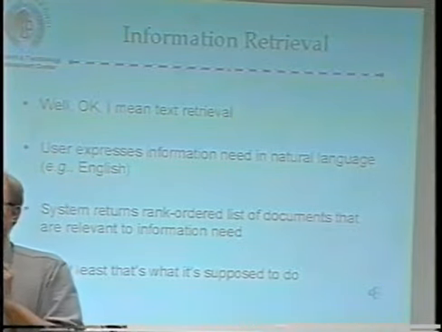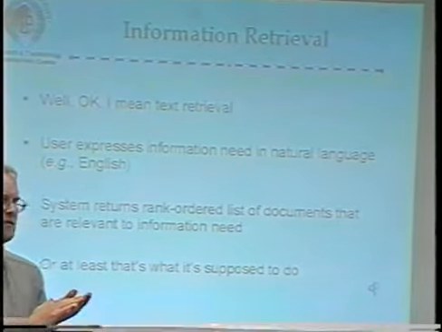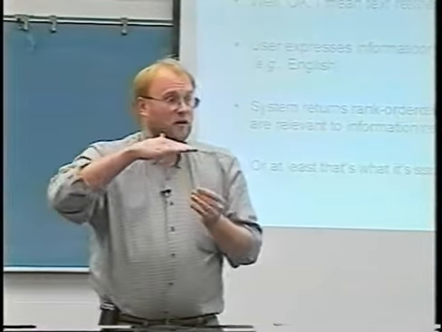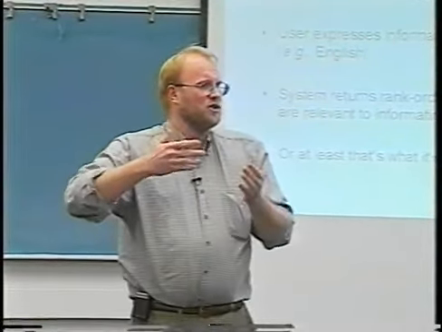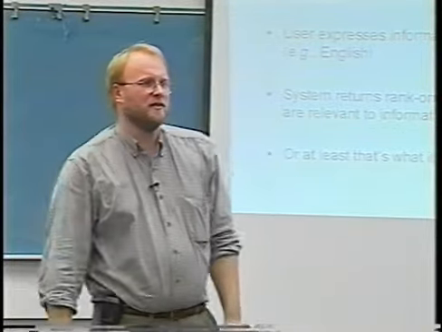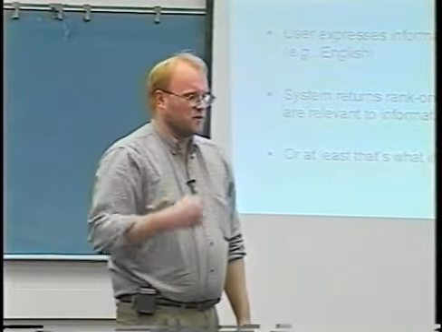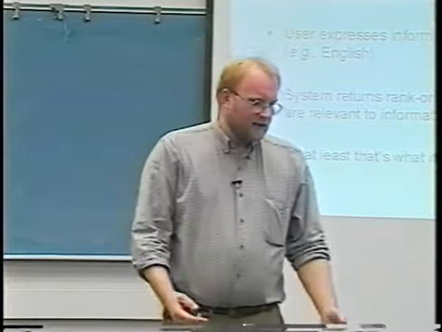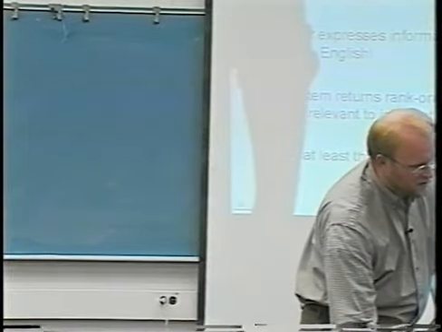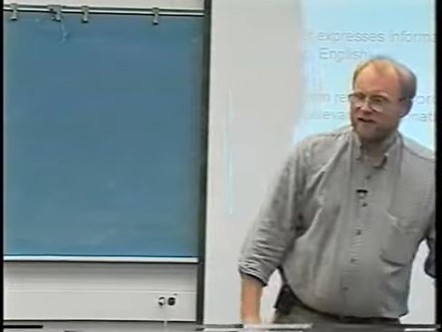The system in the olden days used to just return a big wad of documents, but these days those documents are ranked so that you get some notion of where the system thinks these documents ought to be in the grand scheme of things for this query. And that's sort of what the system is supposed to do.